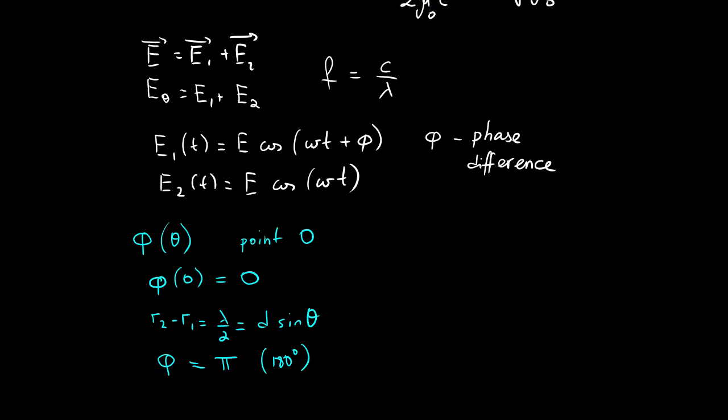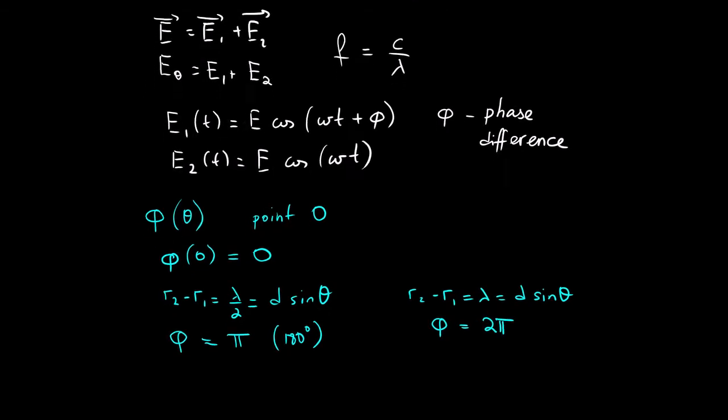So if R2 minus R1 equals just the lambda, which is d sine theta, the two waves have a phase difference of just 2 pi.